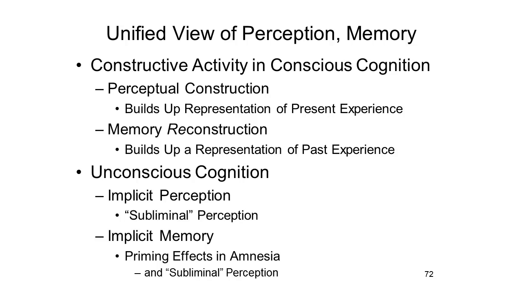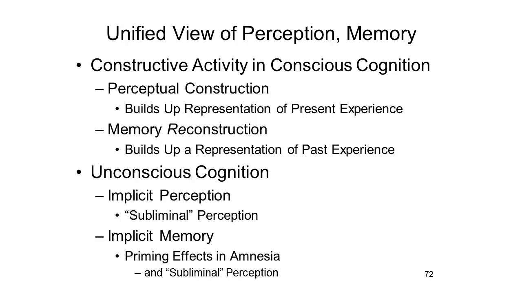Perception draws on memory, perception changes memory, but both perception and memory reflect constructive activity in conscious cognition. Through perceptual construction, we build up a mental representation of our current experience. Through memory reconstruction, we build up a representation of our experiences of the past.